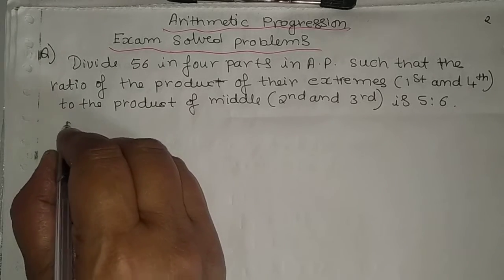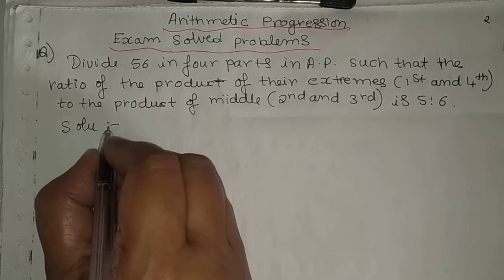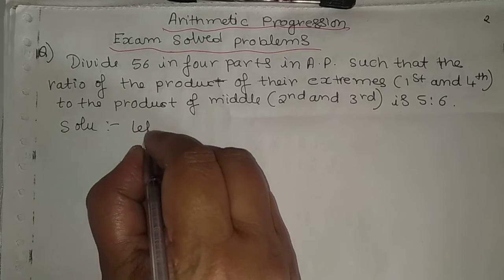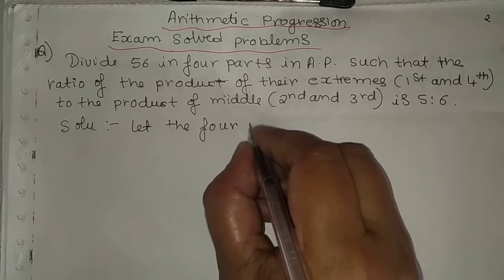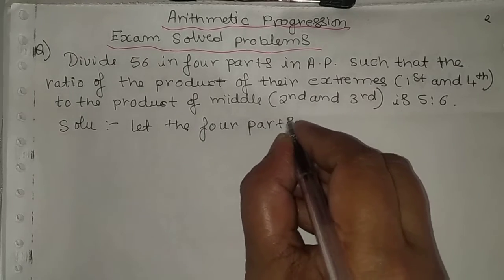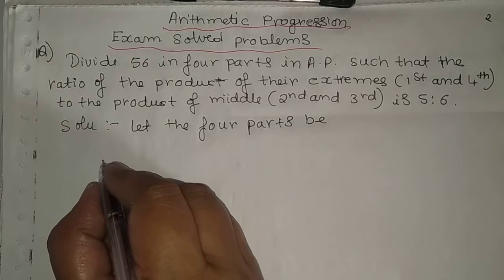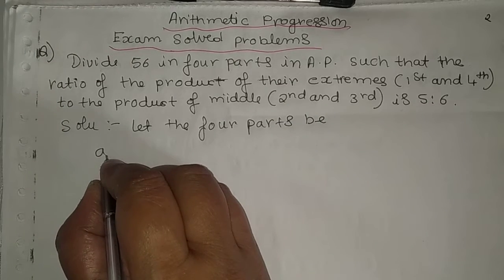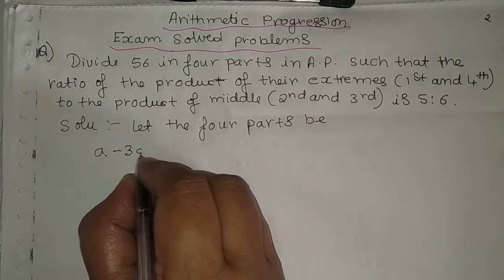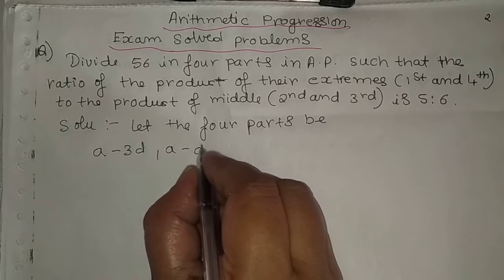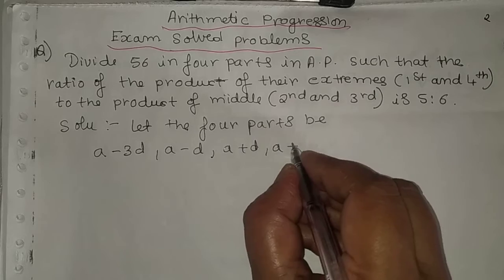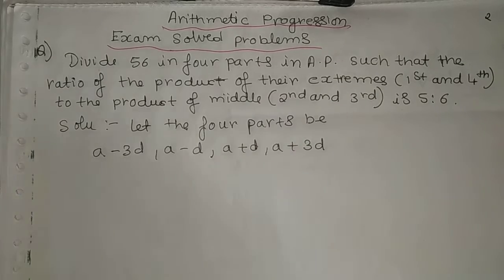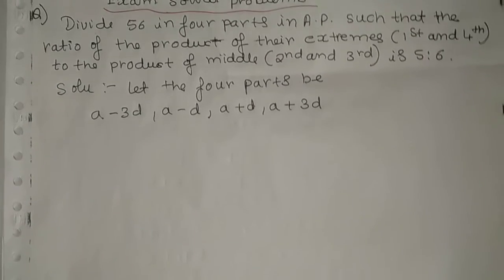So first step is, let the 4 parts be a minus 3d, a minus d, a plus d, a plus 3d. So these are the 4 parts.